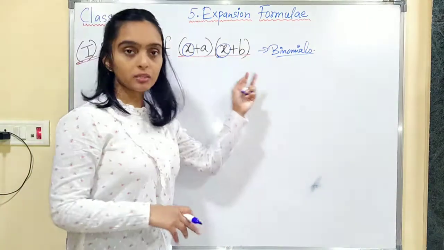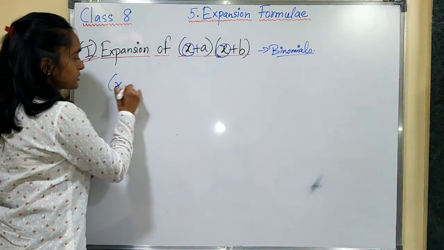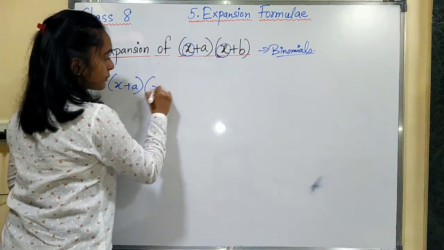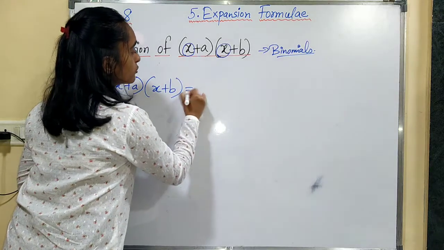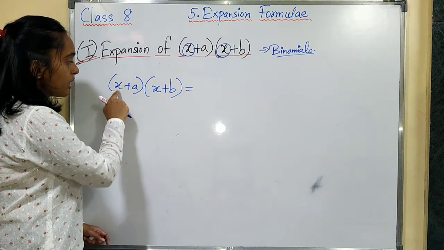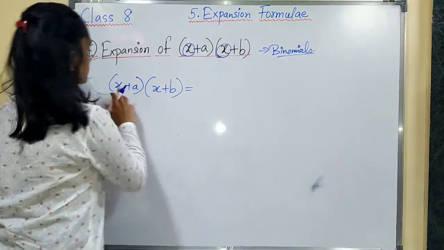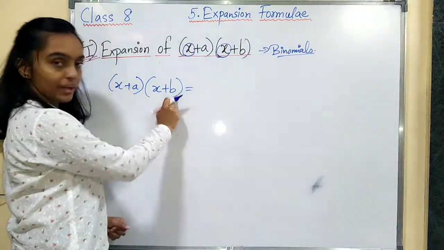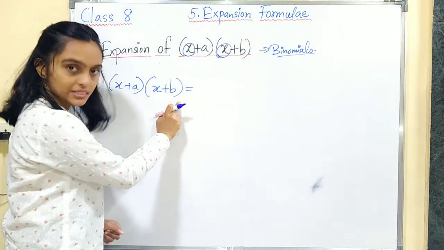First we will multiply them. So x plus a multiplied by x plus b. How do we multiply two expressions? By splitting the first one and distributing it. So x multiplied by the second bracket plus a multiplied by the second bracket.